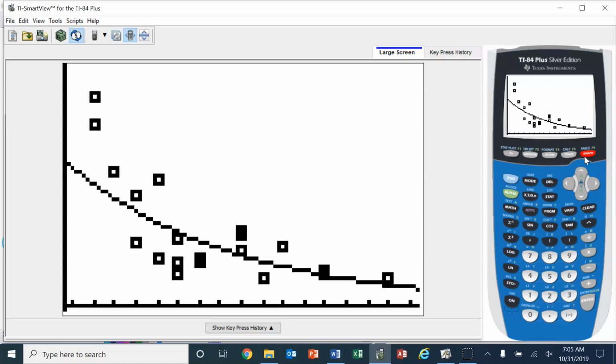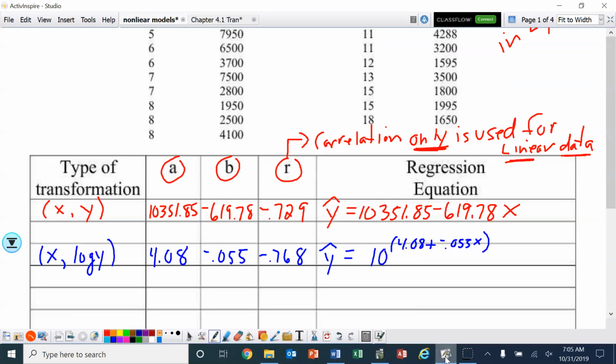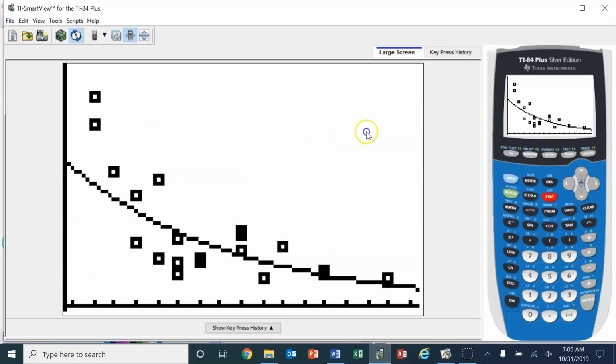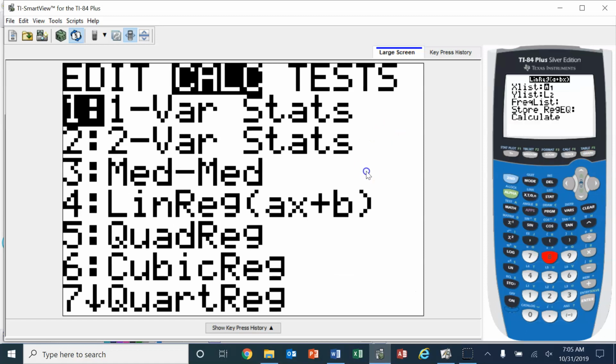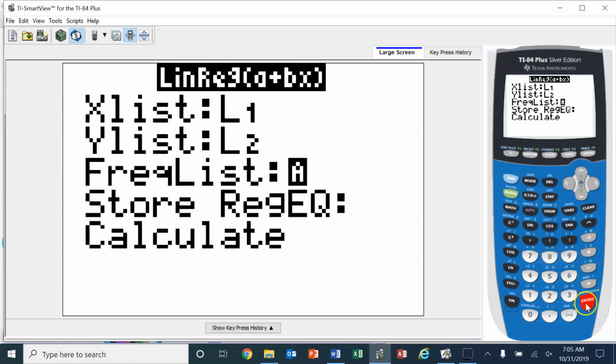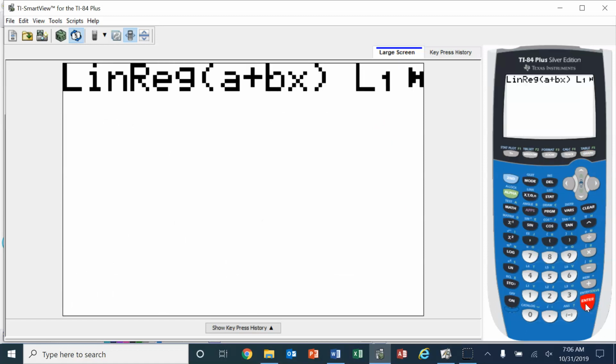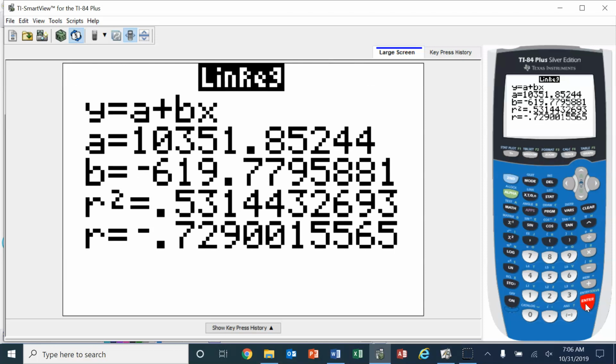All right. Now, the next thing we want to do is look at the residual plot. When we did the stat calculate number 8, remember, it automatically found the residuals for us. Now, I'm going to show you a different way of doing this.